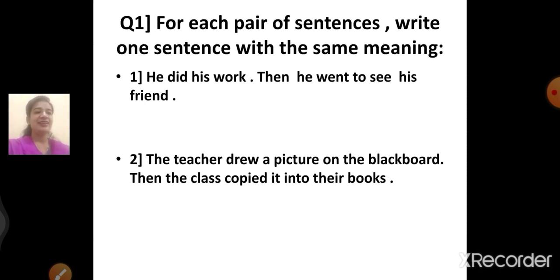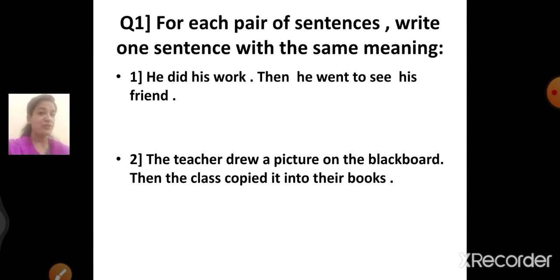Now children, let's start with our activity of this chapter. I know you are able to write the answers in your book. The same heading: for each pair of sentences, write one sentence with the same meaning. Now we are going to start with the first one. He did his work, then he went to see his friend.